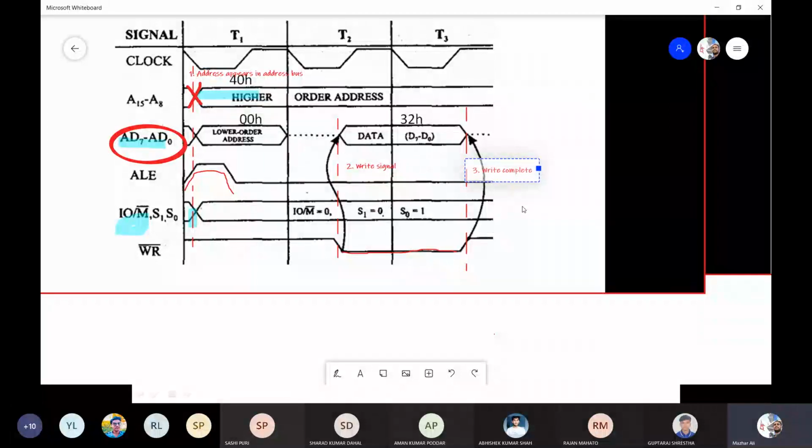So we have these 3 events: number 1, address appears in the first clock cycle. Number 2, write signal is issued in the T2 state, and in T3 state, the write gets completed.